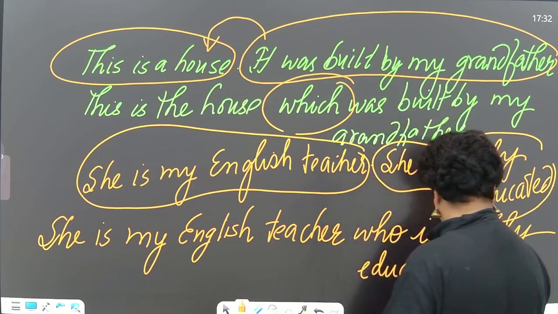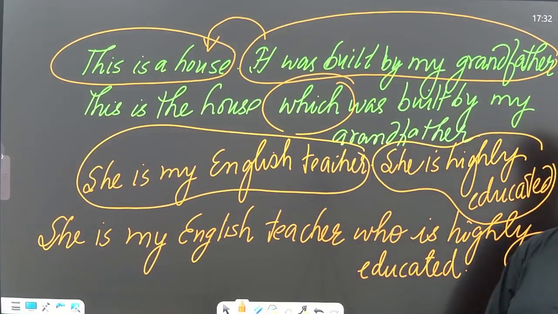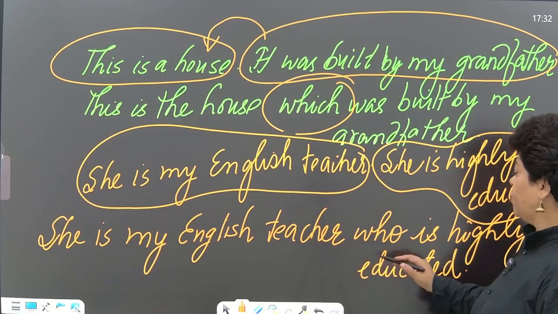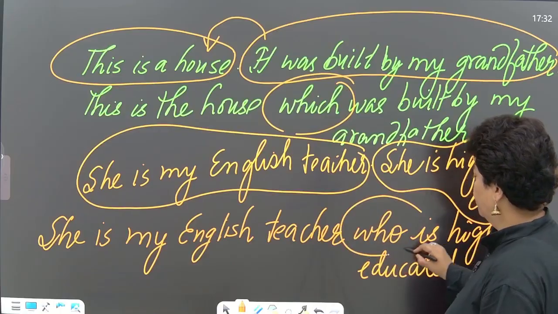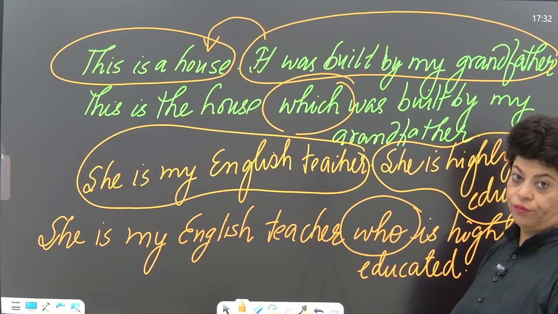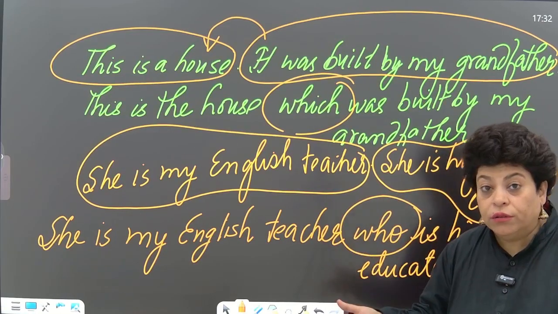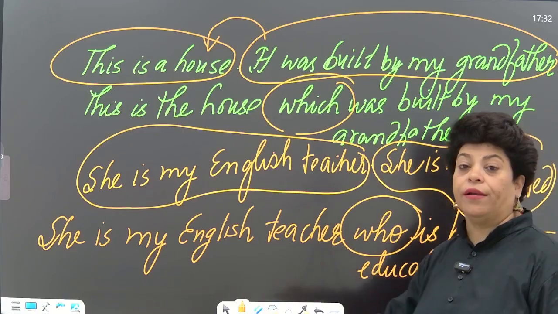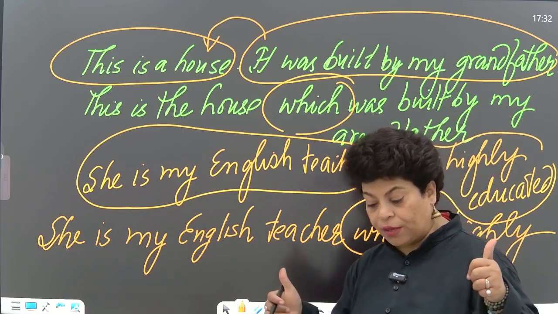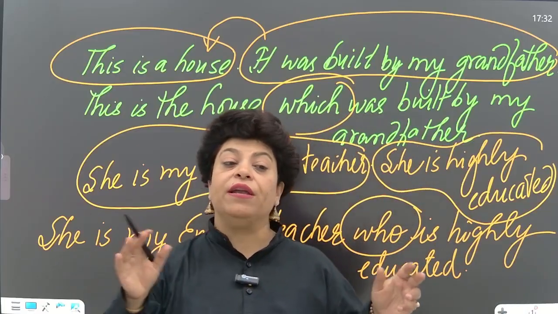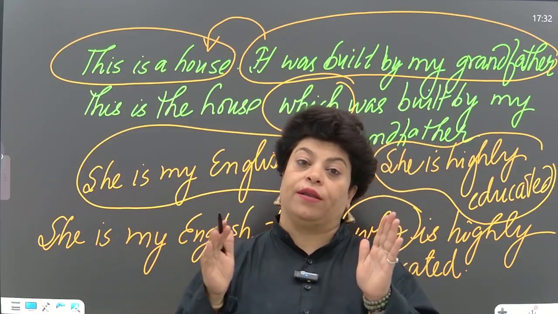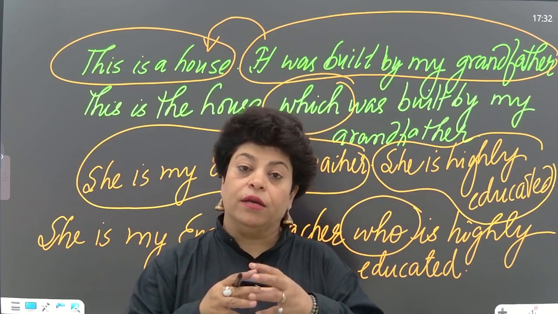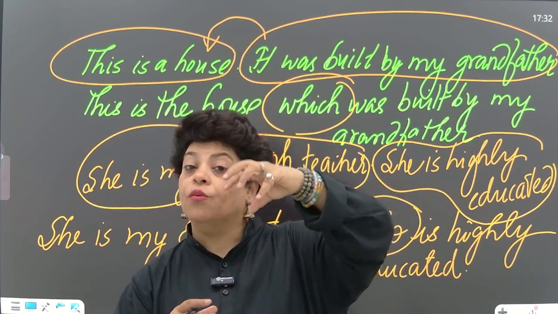Now, what is the relationship built between the two? She is my English teacher who, कौन, वही, who is highly educated. Hence, it makes a complete meaning. So, we have built up a relationship between the two sentences by adding a word.